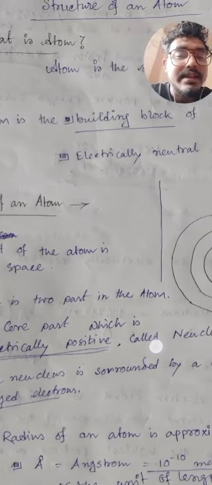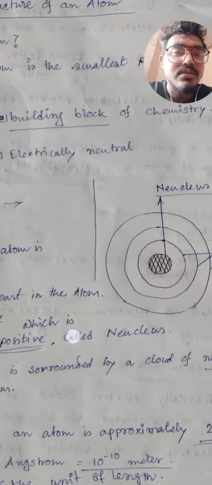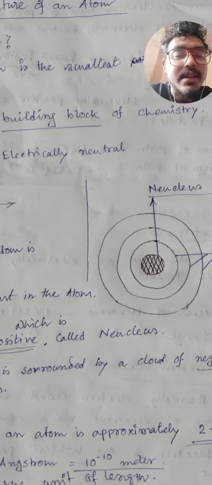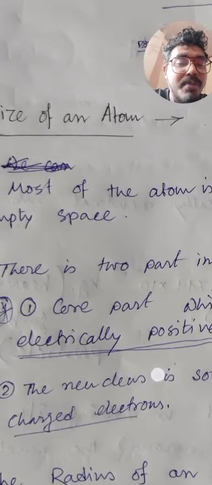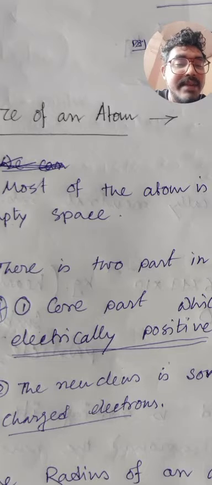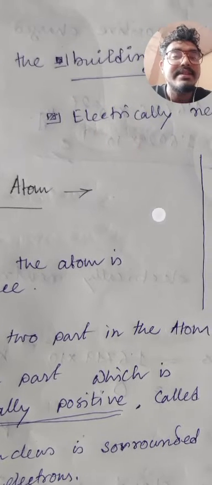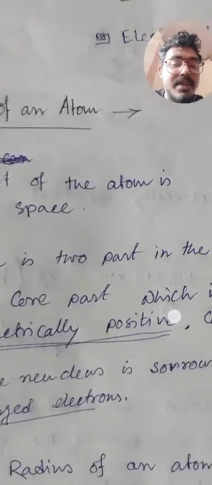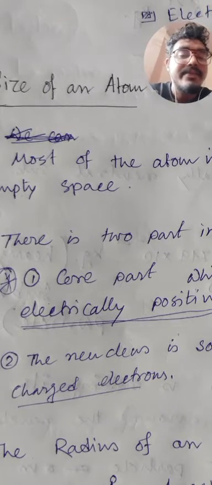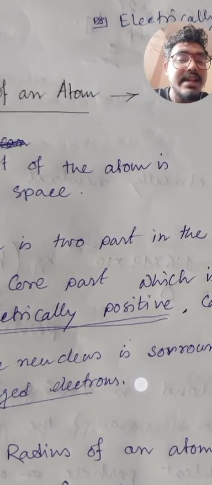There are two parts of the atom. One part is the nucleus, the core part, which is electrically positive. Previously I said that the atom is electrically neutral, but here I say that the core part is electrically positive.